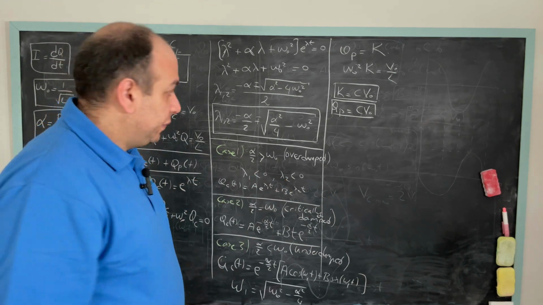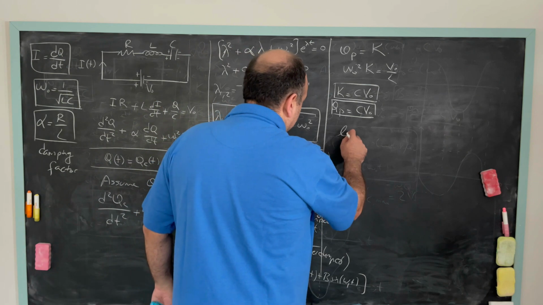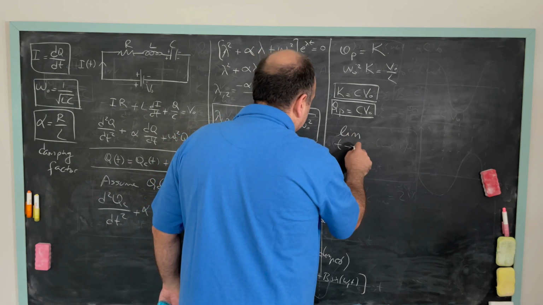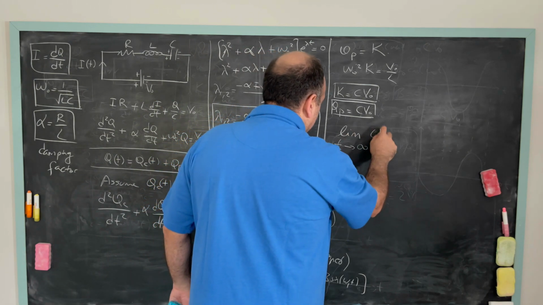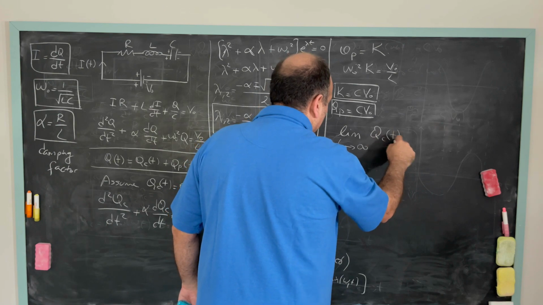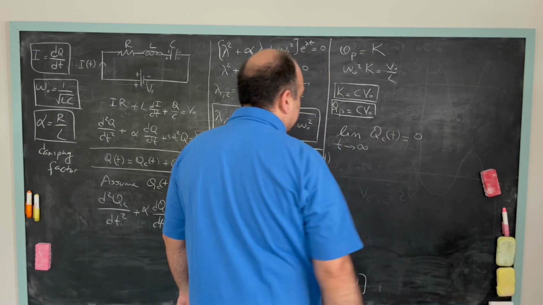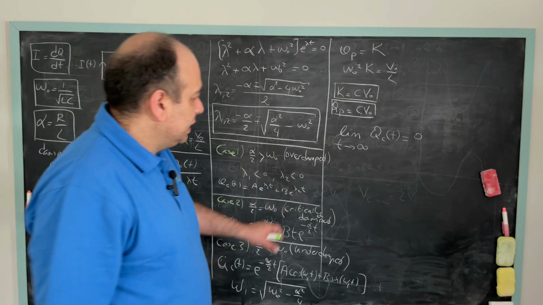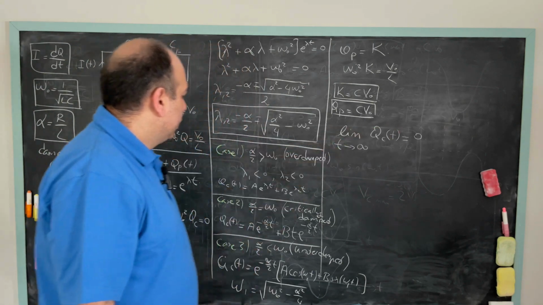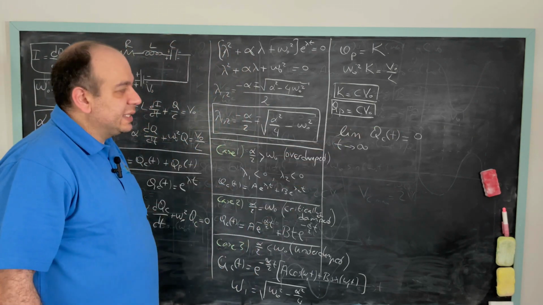In short, the limit when t goes to infinity of Q complementary, the complementary solution, tends to 0. It's easy to see that this holds true for any of these three cases.